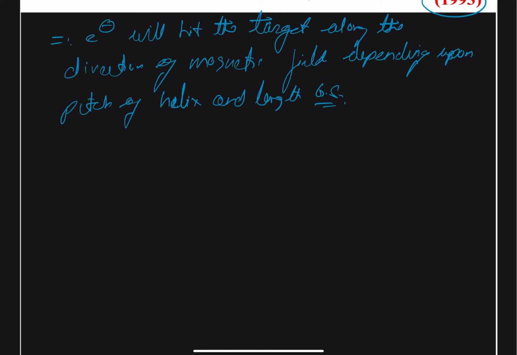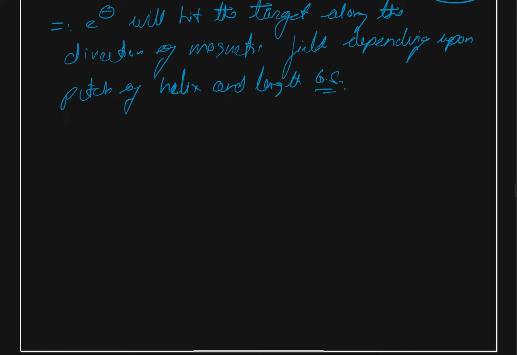And we have to find out the minimum value. Okay. So we are going to start with the energy of the electron, because energy is given. From there we can find out the velocity, and then we can use that to find out the pitch and other things.